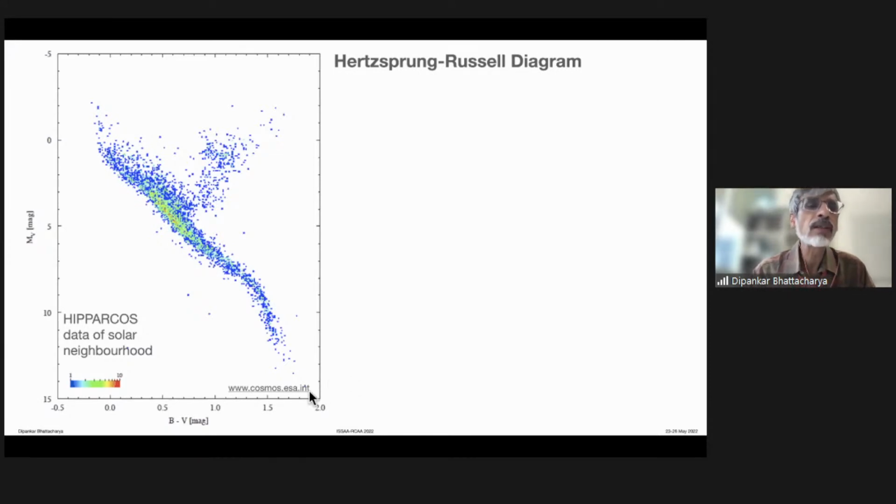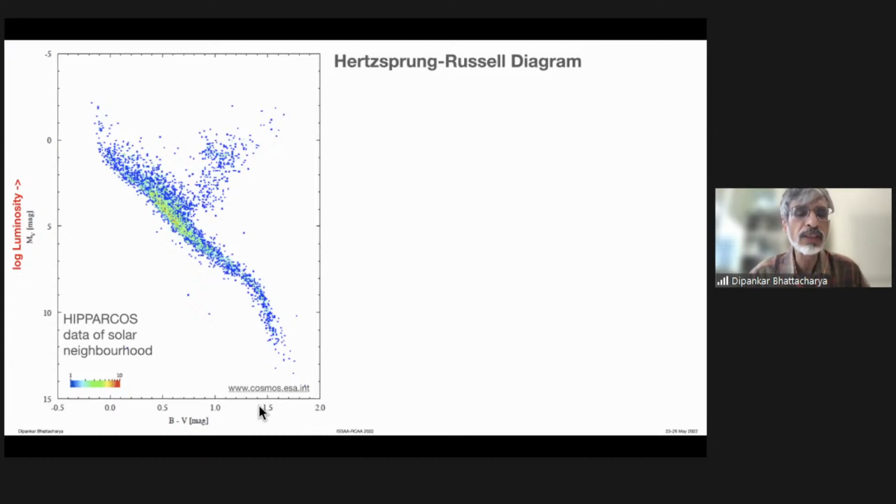So if we plot the logarithm of luminosity on the vertical axis, what is plotted here is an absolute magnitude, which is a quantity proportional to the logarithm of luminosity. And on the horizontal axis, we plot some measure of color. So here the measure of color is taken by observing the star, measuring the intensity in two different filters.